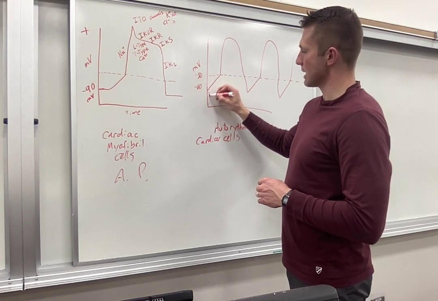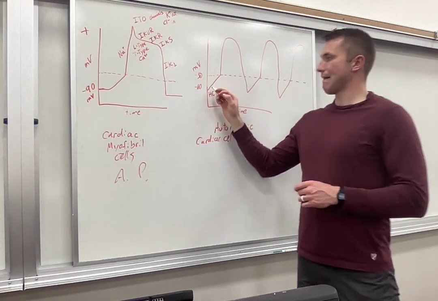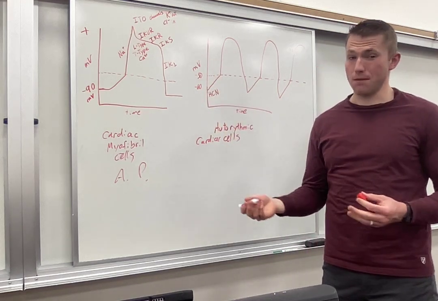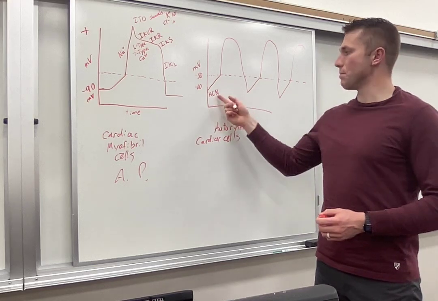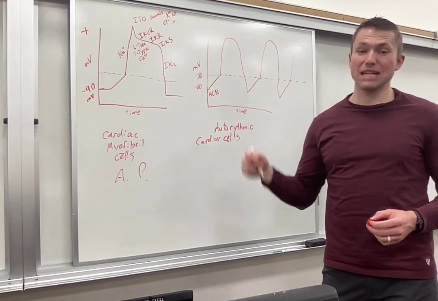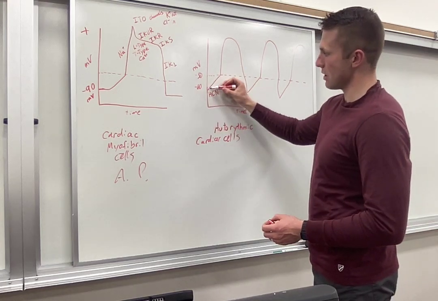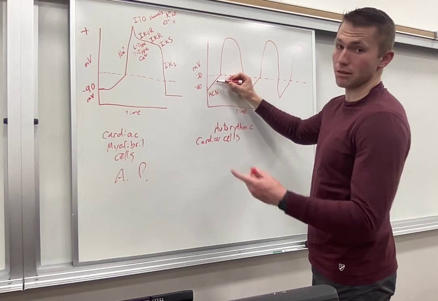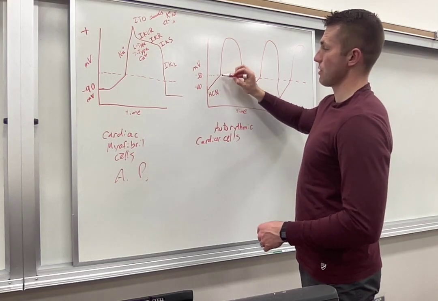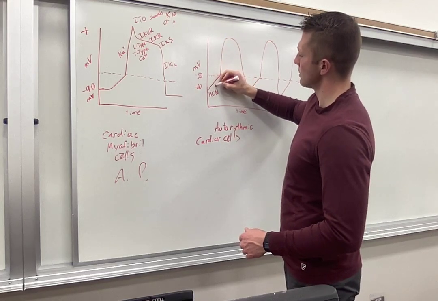So what's happening? This HCN channel opens up the more negative the inside of the membrane becomes. But what happens when it opens up? It lets sodium inside the cell. Sodium rushes inside the cell, causing the membrane potential on the inside to become more positive. And then, bam, threshold is reached. This pops open, so I'm going to do that.